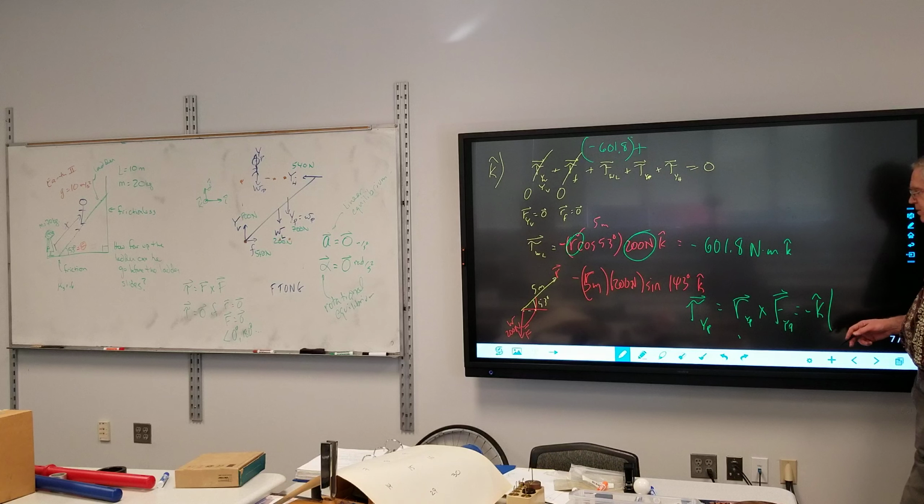And then it's going to be R hat, which is X. That's our unknown. And then the force is 700 newtons. And then the cosine of 53 degrees or the sine of 143 degrees, whichever one. I'm going to put in the sine, 143 degrees.